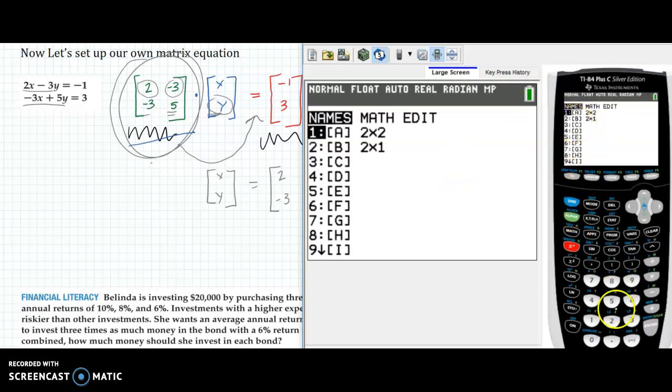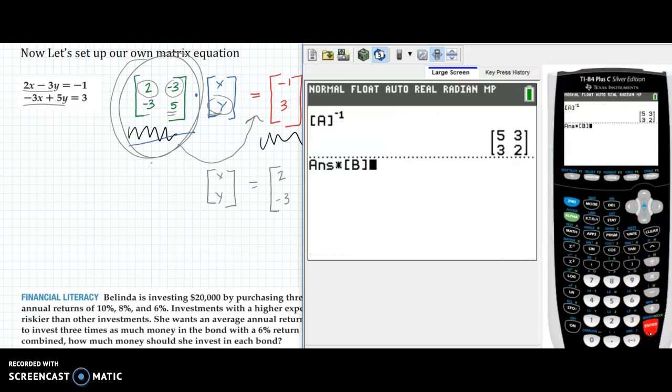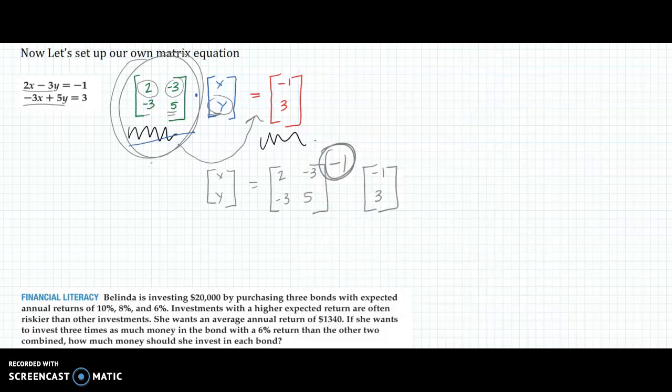And this time you're going to pick option 2, or use your arrow key and hit enter, to put up B. And then you get 4, 3. So you have matrix XY equals 4, 3, which means that 4 is X and 3 is Y.